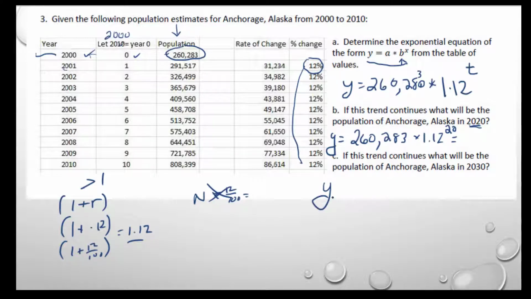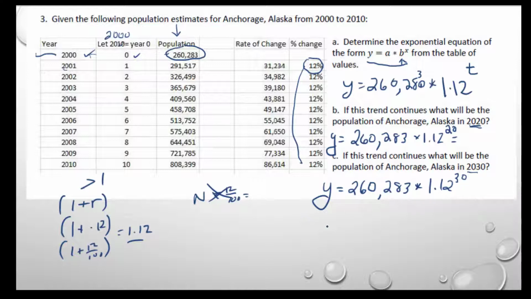And for the population in 2030, the output is equal to the initial value times the growth factor raised to what power? If you said 30, you would be correct.